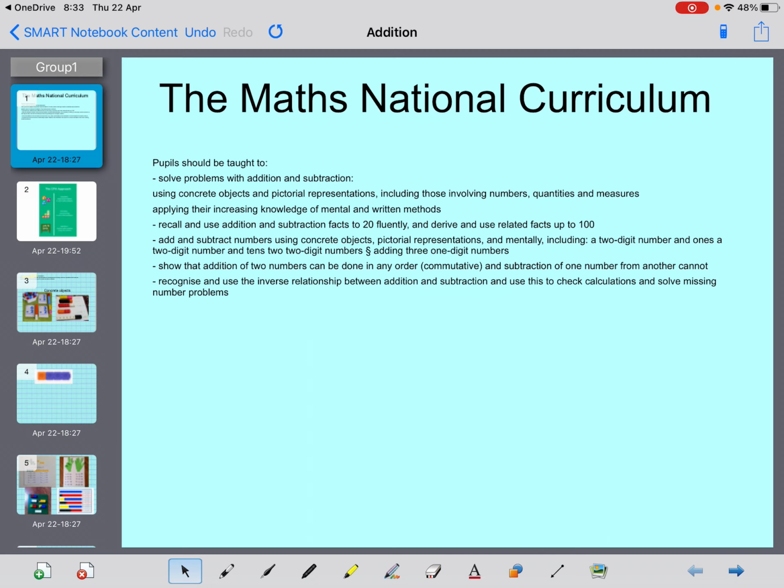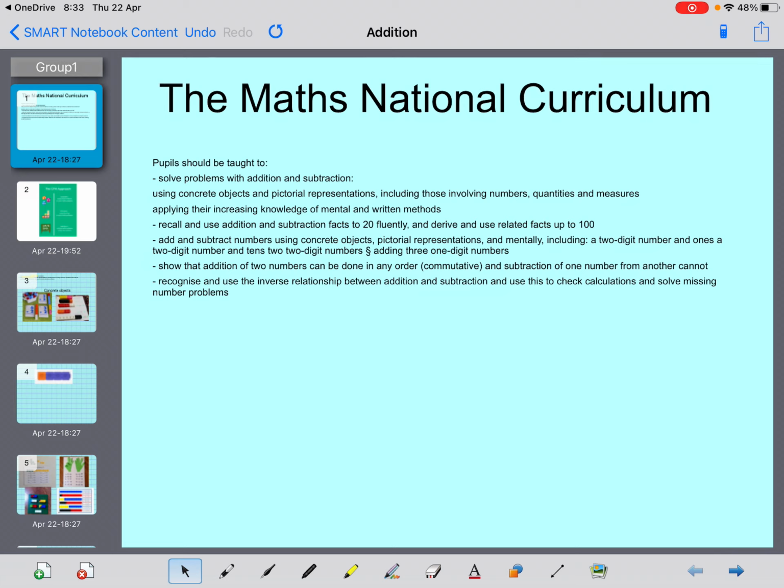Children must be able to recall and use addition and subtraction facts to 20 fluently and use related facts up to 100. Children should add and subtract numbers using concrete objects, pictorial representations and mentally, including a 2-digit number and ones, a 2-digit number and tens, two 2-digit numbers and adding three 1-digit numbers together.